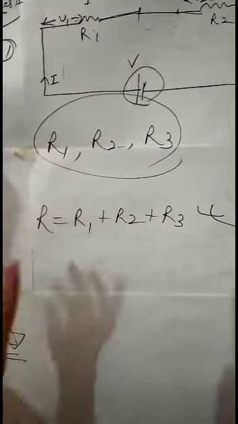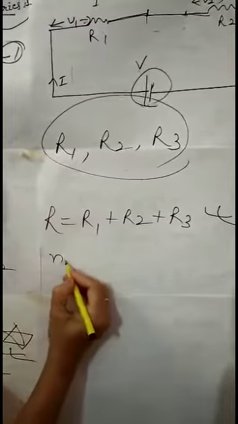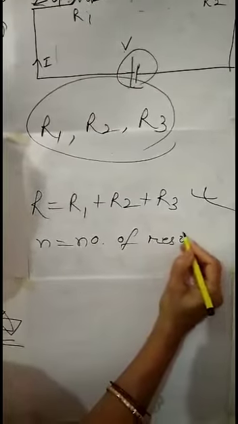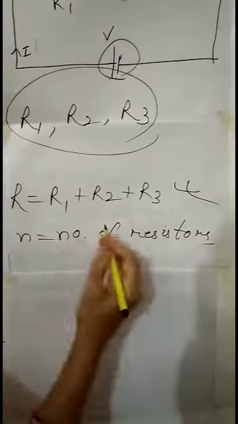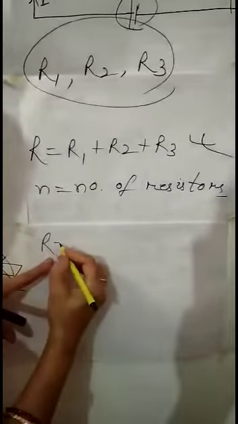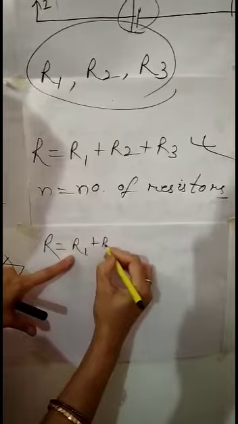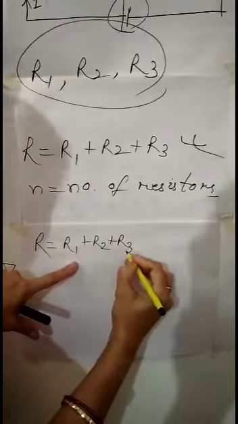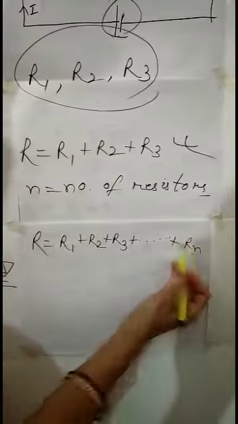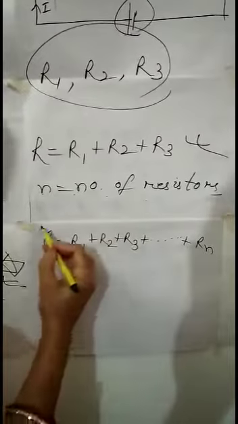In general, if n is the number of resistors, then the expression for the resultant resistance will be R is equal to R1 plus R2 plus R3 up to Rn, where n is the number of resistors. So clear?